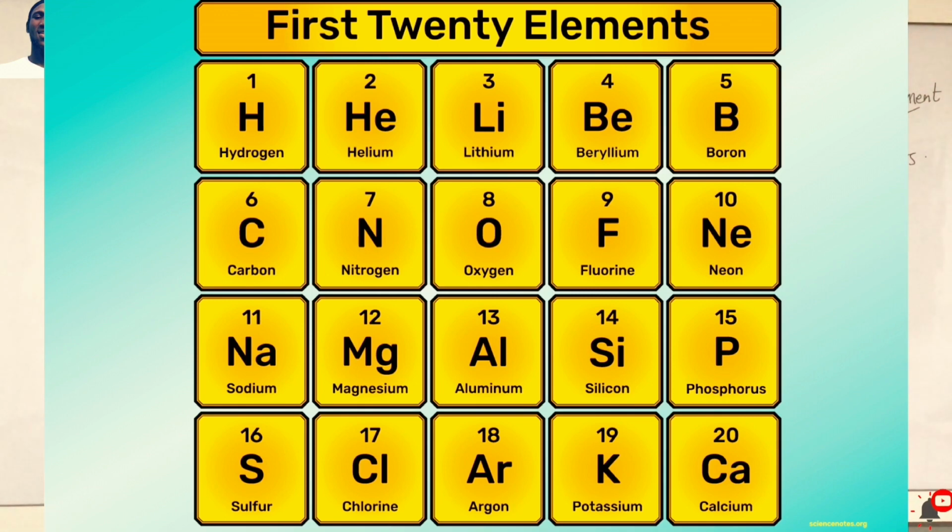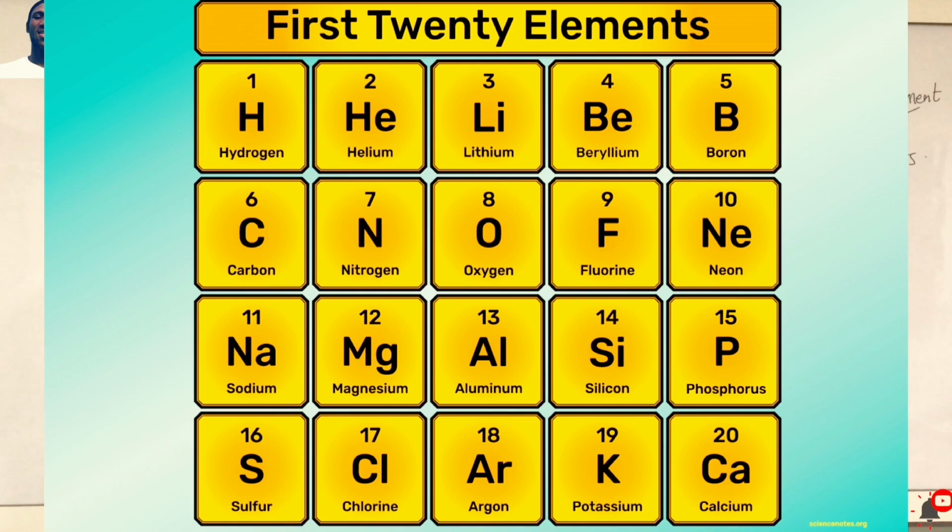The first element is hydrogen with atomic number 1, symbol H. Helium, atomic number 2, He. Lithium, atomic number 3, Li. Beryllium, atomic number 4, Be. Boron, atomic number 5, B. Carbon, atomic number 6, C.